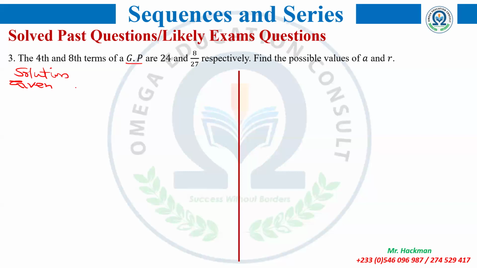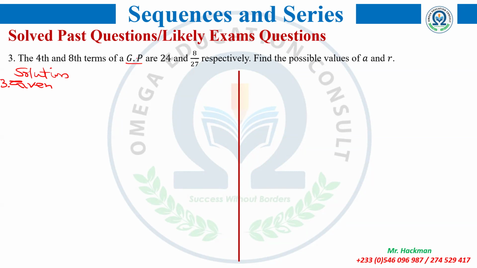4th term, what is the notation for 4th term? So let me write a question number 3. What is the notation for 4th term under any sequence or series? Notation for 4th term.